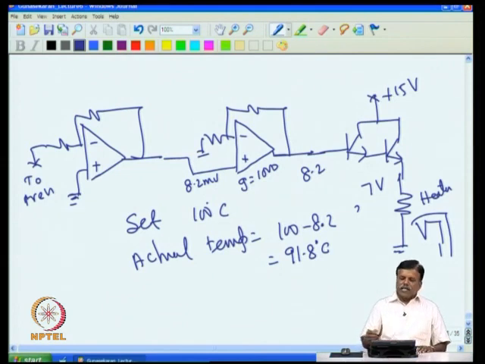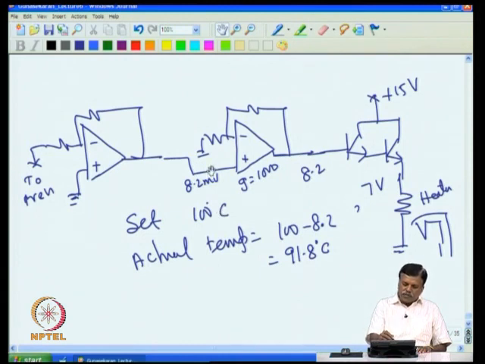That means if I set 100 degree C, then the oven will stabilize at 91.8 degree C. That will give a difference of 8.2 millivolt. That difference between the actual temperature and the set temperature will be 8.2. That means the actual temperature is 91.8, the set temperature is 100.